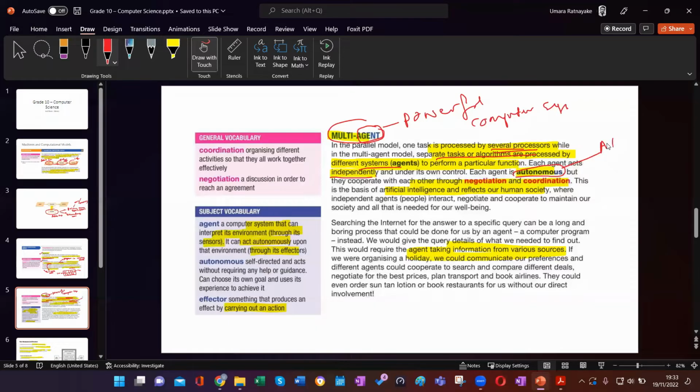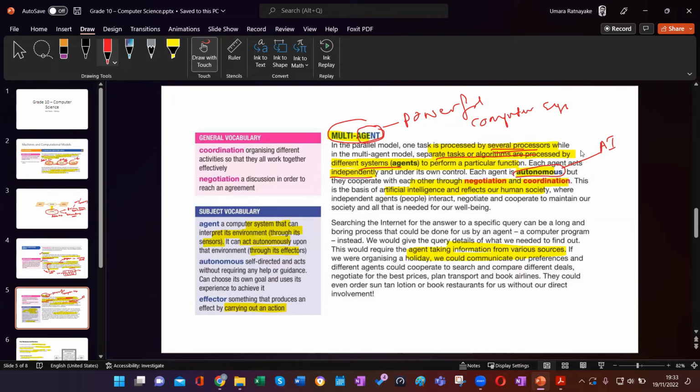Because they use AI, artificial intelligence. They know what to do with the data. We don't need to give instructions step by step, because they are already pre-programmed, and also they make judgments, reasoning, comparisons, and they take their own decisions based on a knowledge base that we have given.